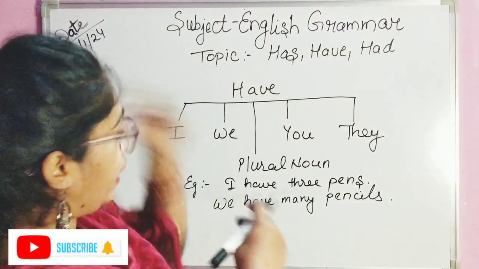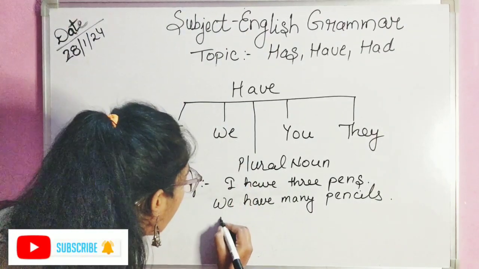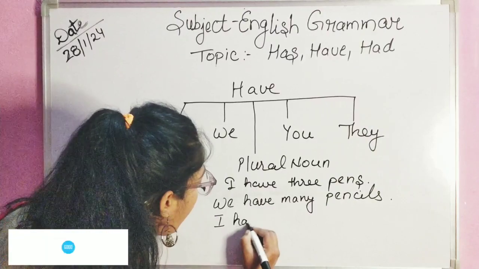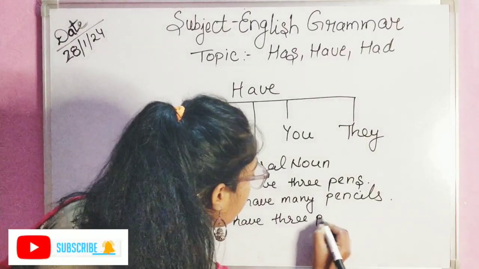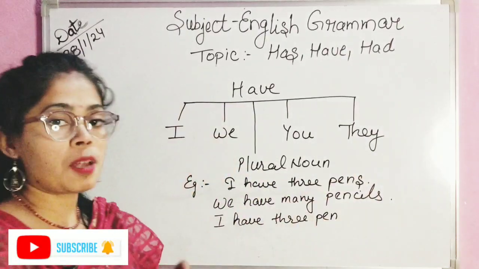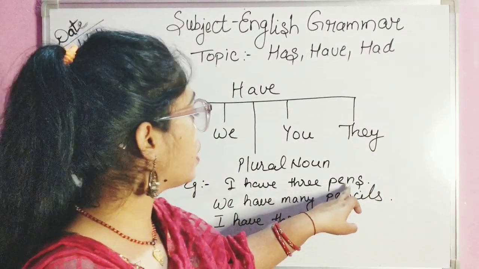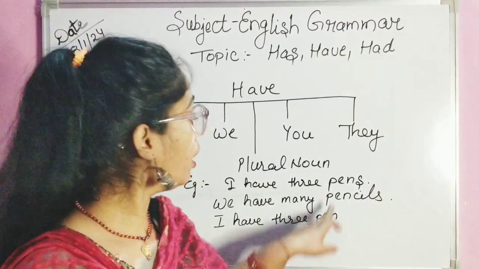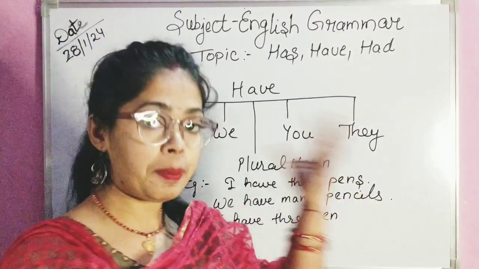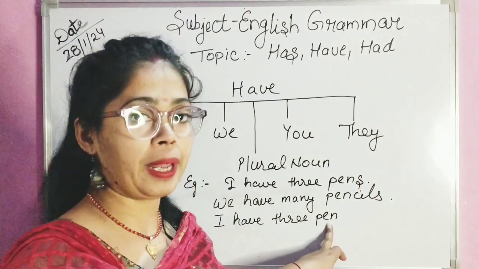And suppose, students, I have written 3 pen. Here you can see pens, and here you can see pen. Here it is many pens, and here it is a single pen.